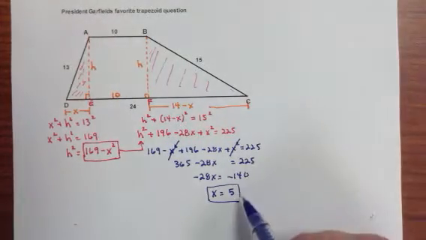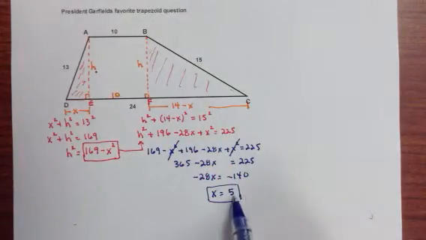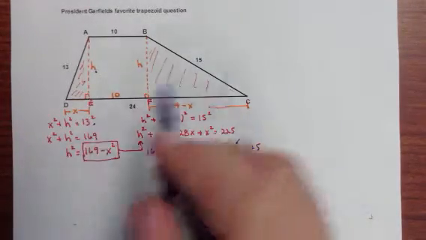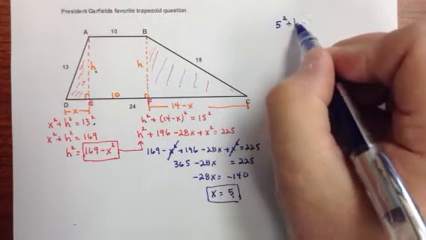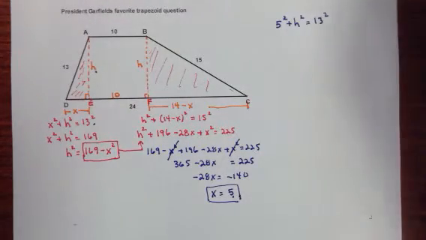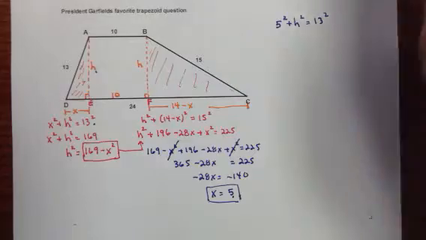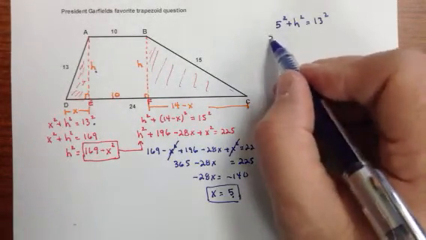So even though I have x, I still need to find h. So I can plug this 5 into my formula that says 5 squared plus h squared equals 13 squared. Or hopefully some of you recognize that that's a Pythagorean triple. So I'm going to get 12 for h.